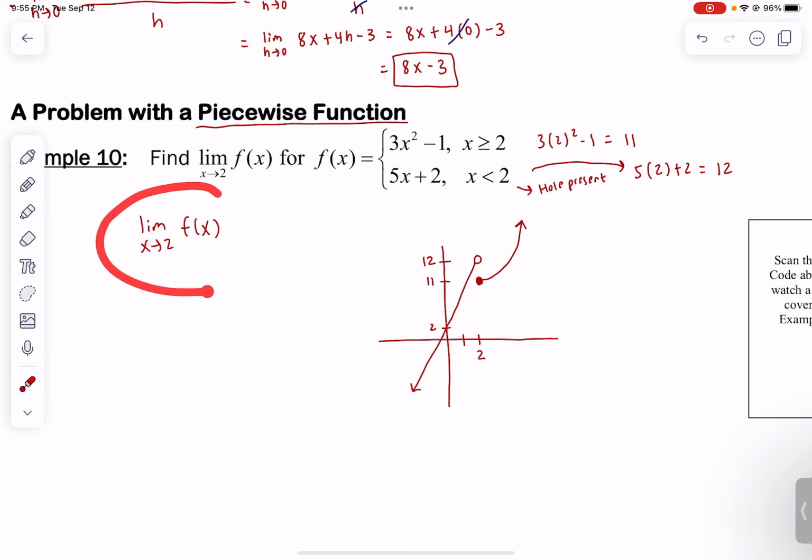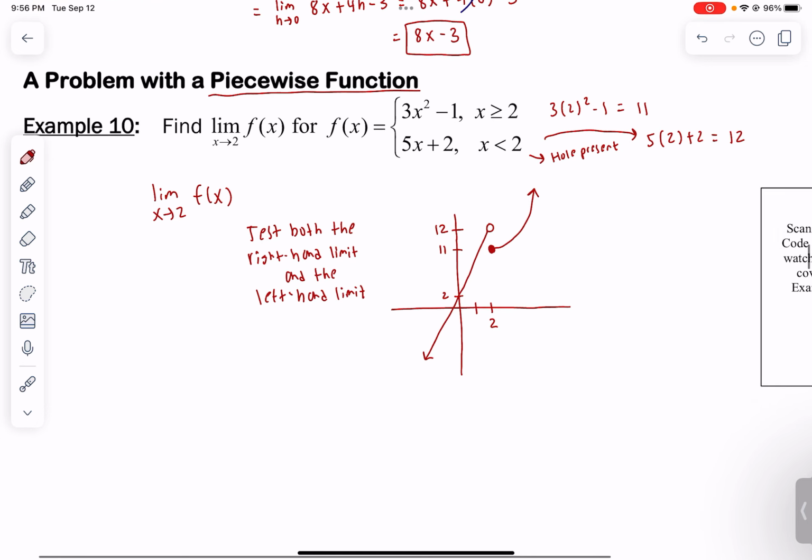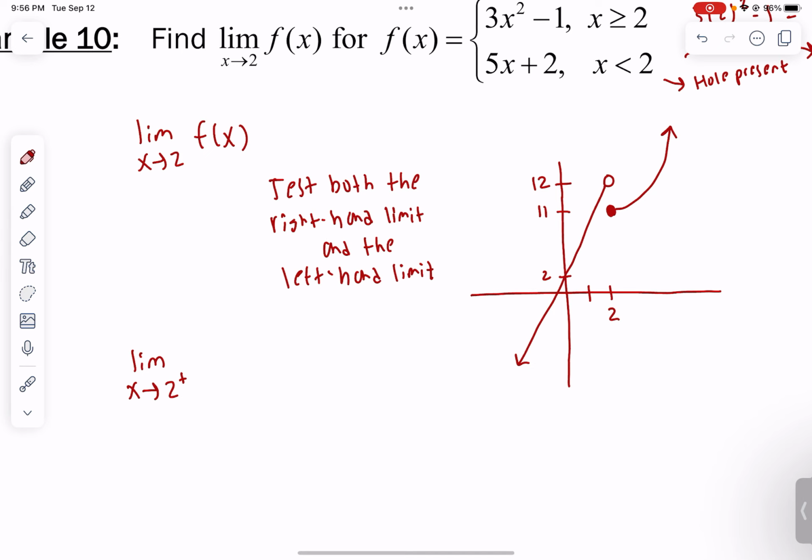Please remember that when you're finding limits of these numbers, you have to test both the right-hand limit and the left-hand limit. Okay, so let's go ahead and do that. Let's find the right-hand limit, the limit as x approaches 2 on the right-hand side of this function.